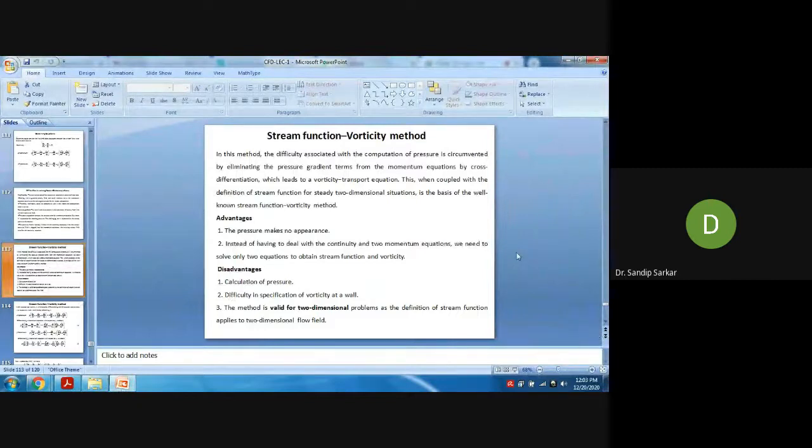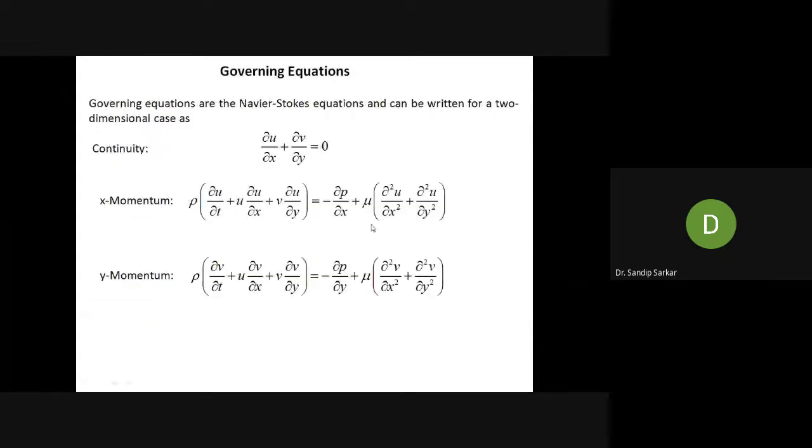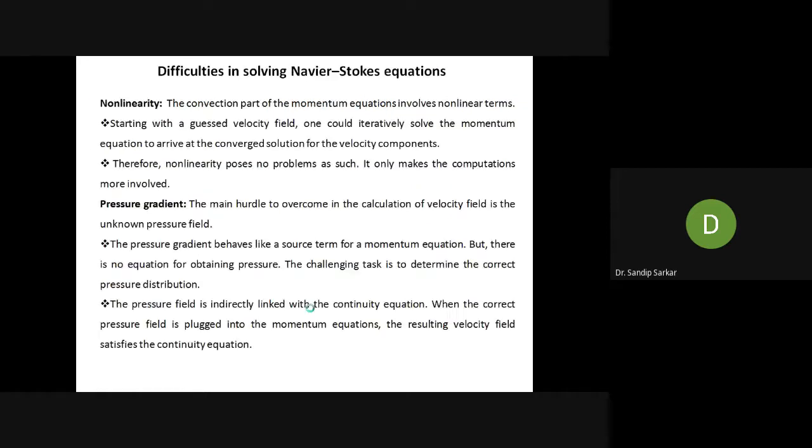Okay. So what I was discussing, the stream function and vorticity method, is a method which employs a certain technique so that we get rid of the pressure gradient term, because there is no special equation for the pressure gradient available to us.